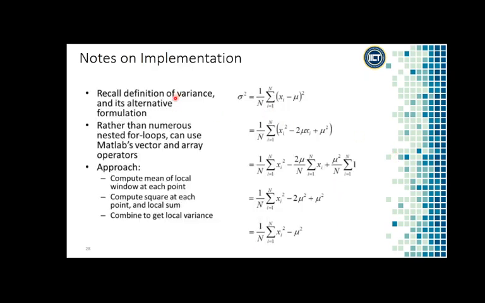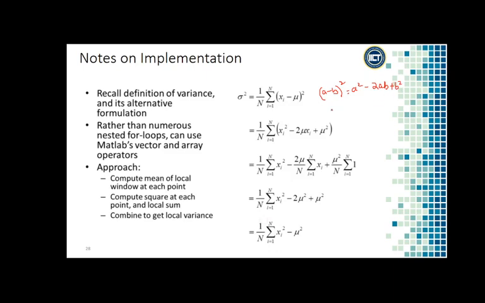So, with notes on implementation, recall the definition of variance and its alternative formulation. This is the formulation for variance. Again, it's the same (A minus B) whole square formula, which can be expanded as A square minus 2AB plus B square.